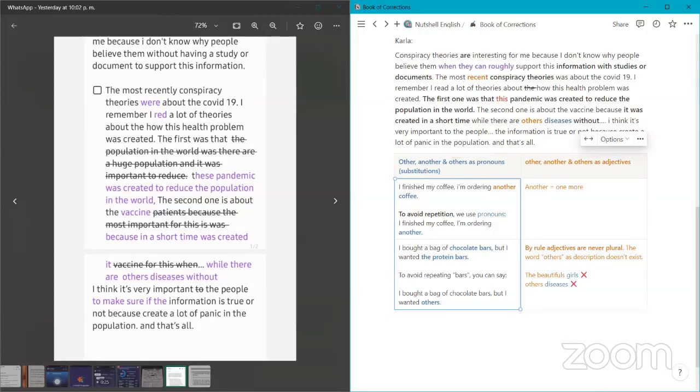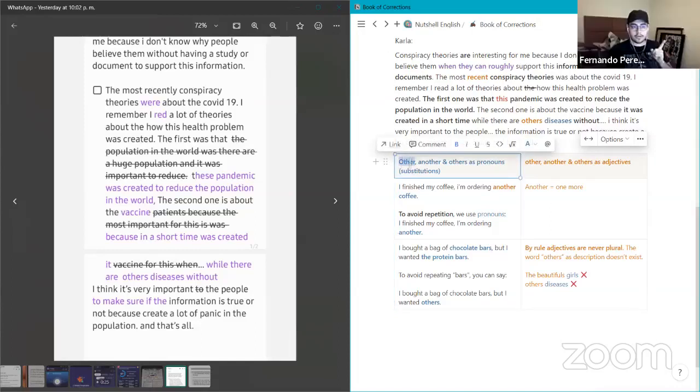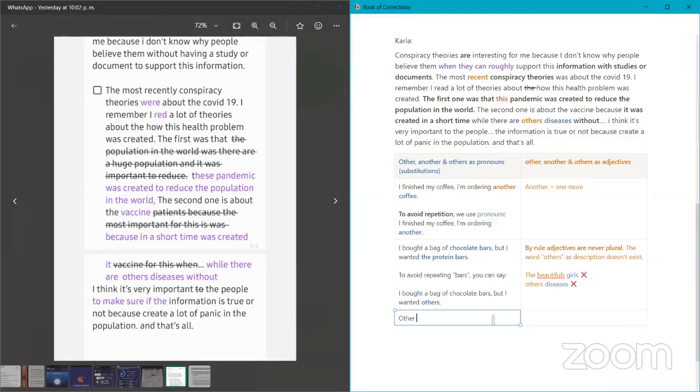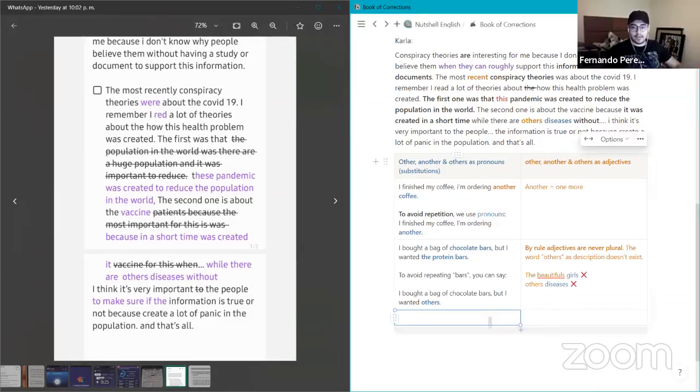But I don't use other as a pronoun, right? Other can be both. Other exists as a substitution and as an adjective.